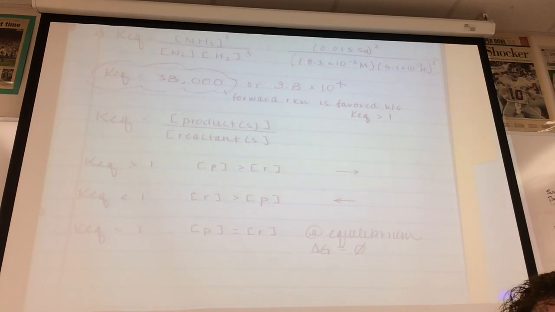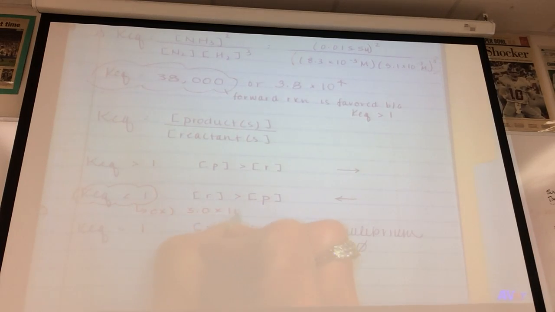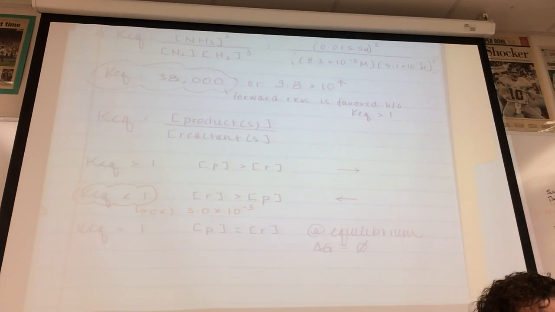And neither problem had a KEQ less than 1. So for example, let's say you had 3.0 times 10 to the negative 3. So you're going to have a negative exponent there when KEQ is less than 1.